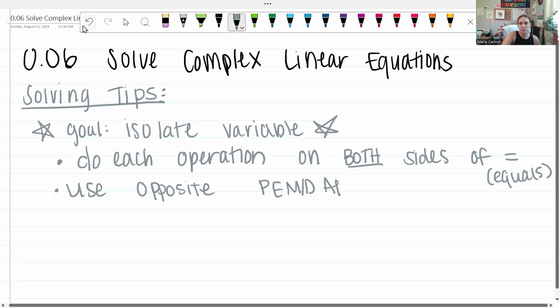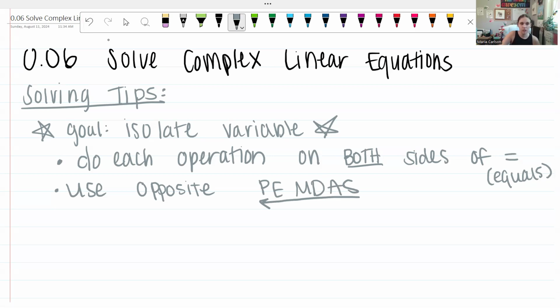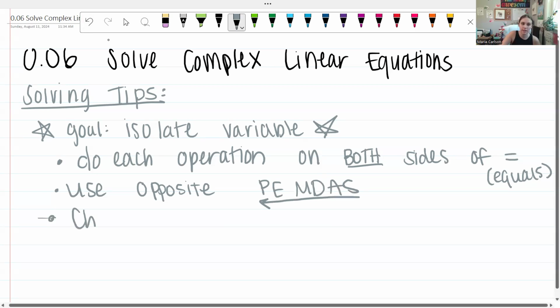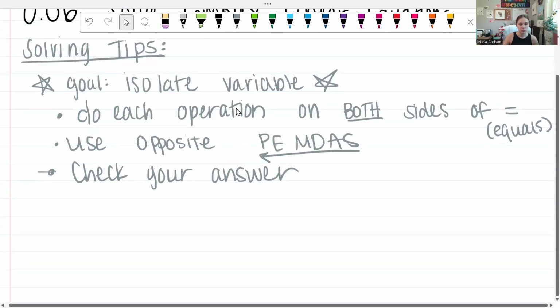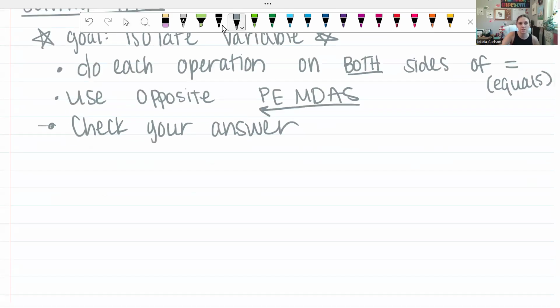And I don't know why I wrote it with the slashes in there. But you do opposite PEMDAS. So start with addition, subtraction, and work your way up. Always, always, always check your answer. Plug it back in and see if it works. All right, let's look at some examples.